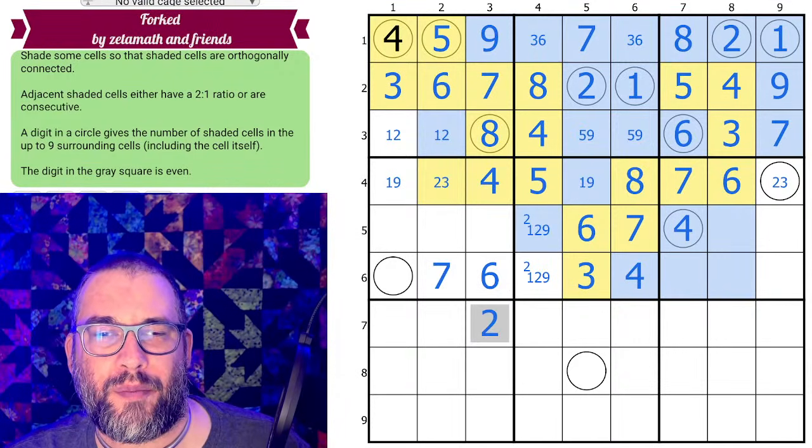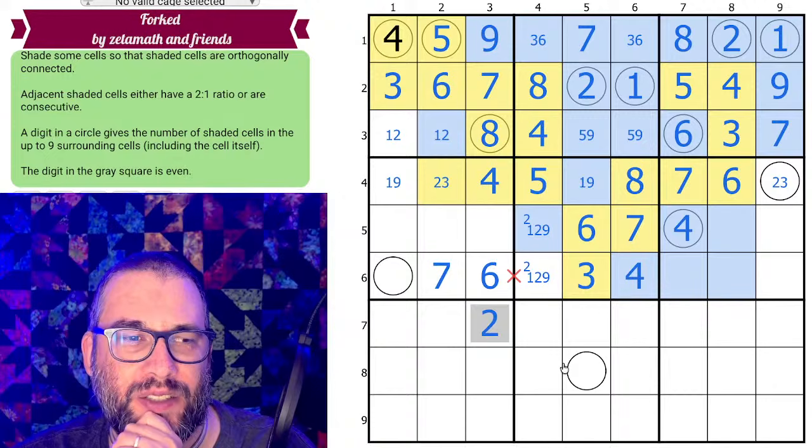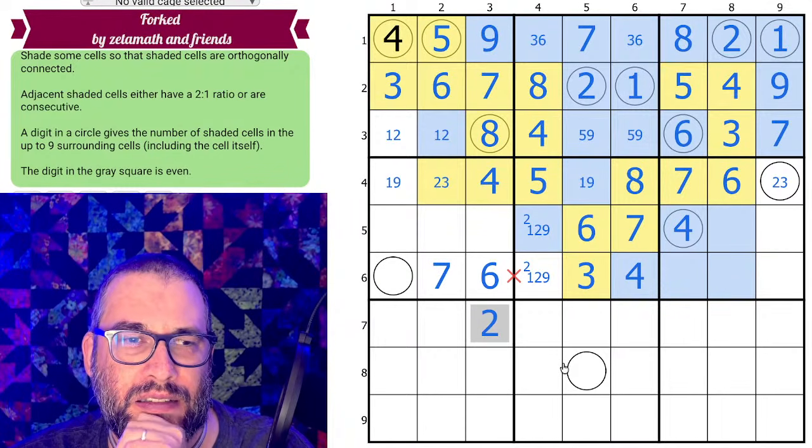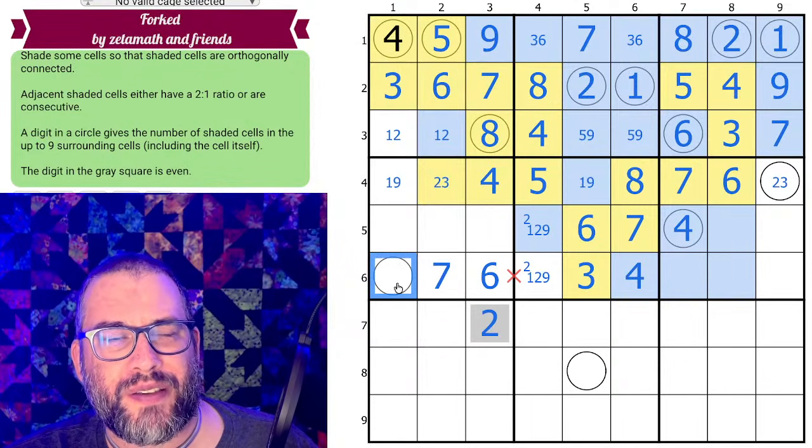Oh, marking these off as can't shade both of these is what you're saying? Yeah, this is running out of things to be, isn't it?